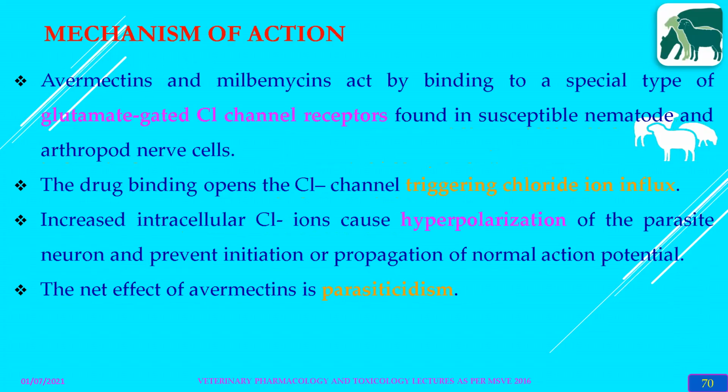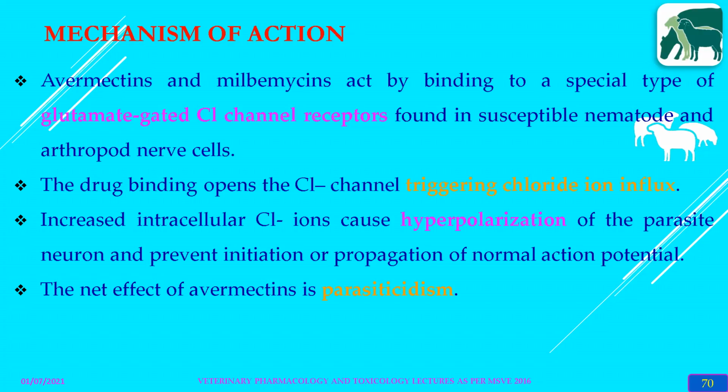Coming to the mechanism of action, in a very simple way, they act by binding to a special type of glutamate-gated chloride ion channels, or receptors, found in susceptible nematode and arthropod nerve cells. So they are nerve conductivity blocking agents. The drug binding opens the chloride channels, triggering chloride ion influx.